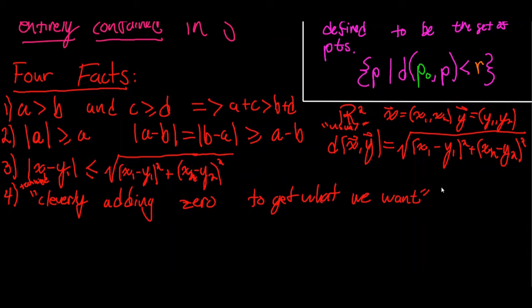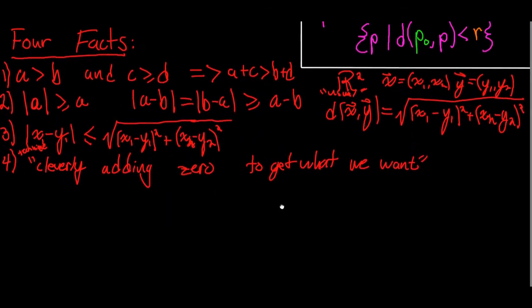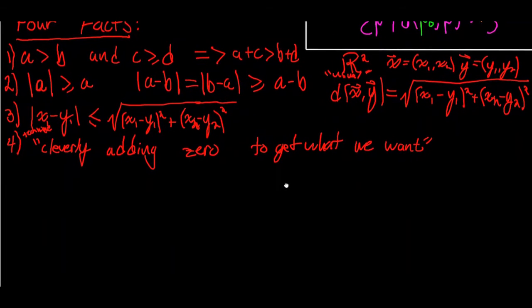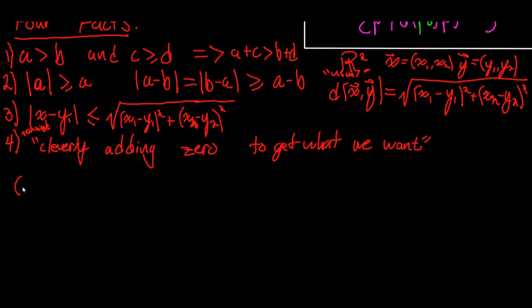Okay, so let me remind you of our goal here. Our goal is to show that if I have a point x1, x2, then any point in the open ball centered at x1, x2 is in S. And let me remind you what that open ball looks like.